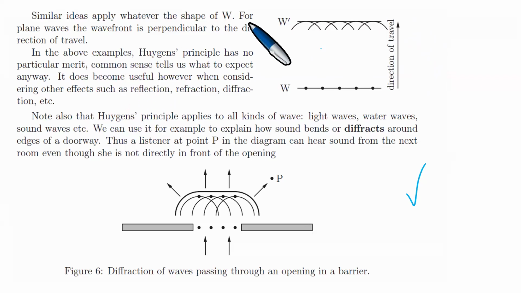The direction of travel is like this, and this is the wavefront. It is surely perpendicular to the direction of travel, because this is the direction of travel, and that is the wavefront. They make an angle of 90 degrees there.